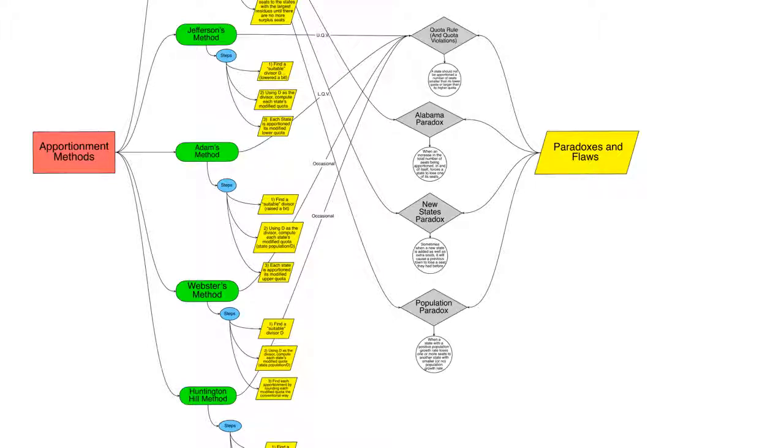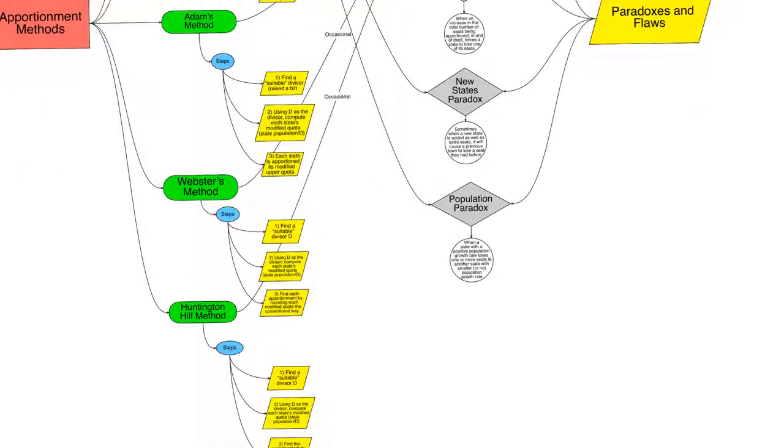Things like the big picture stuff in particular, not only what each method is in general, to have the general gist of each method, but also memorizing what violations and paradoxes each method might run into.